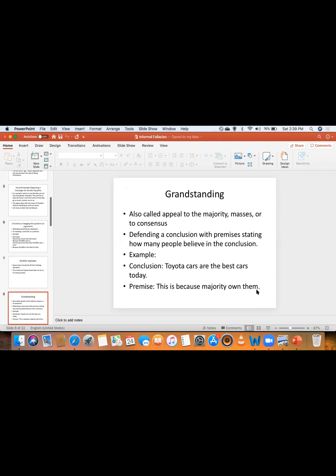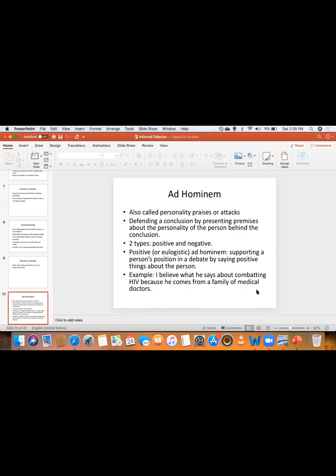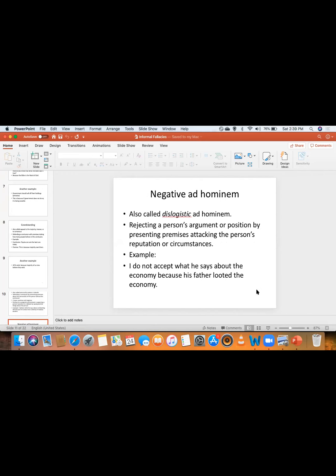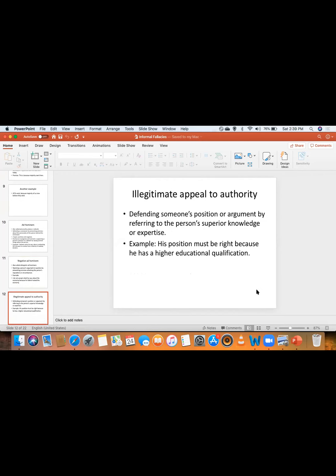We saw how it works, and then we went to grandstanding, which is appeal to majority. We said appealing to majority is wrong because the majority is not always right. We saw ad hominem, which is probably the most common fallacy that people commit, praising or attacking people instead of addressing their arguments. Then we saw appeal to authority, appealing to someone's authority instead of defending an argument with facts.